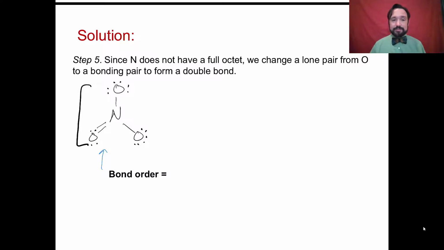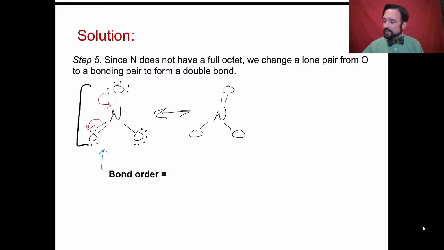Now, there's nothing magic about moving it from the one there, so what happens if I took this lone pair and moved it down, and brought those back out? Now I've got a double bond going up to the top, and single bonds to each side. But again, there's nothing special about that one. Why don't we bring this one in and kick that up?